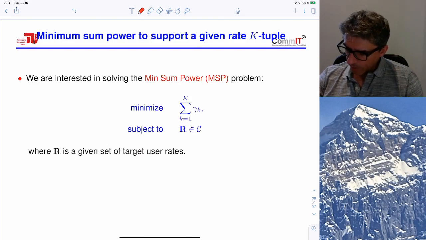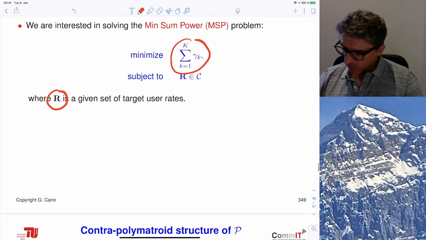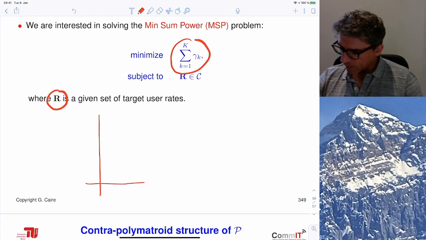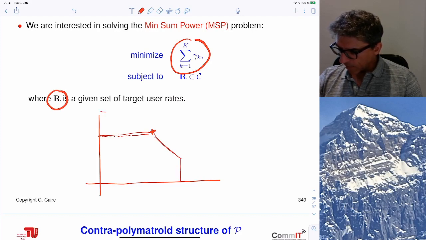So now our rates are fixed and given, and we ask what is the minimum sum power to support these target rates. So in other words, the problem now becomes, I have a target rate point and I want to somehow shape the capacity region such that either I'm like this or I am, who knows, like this, right?